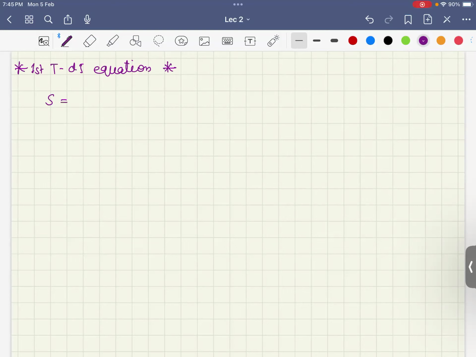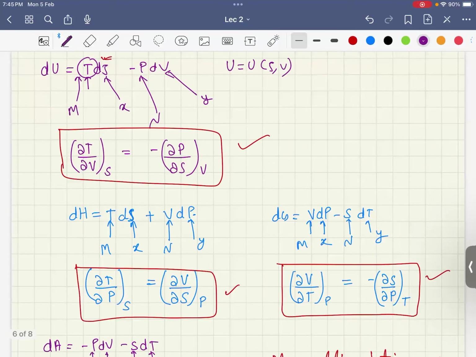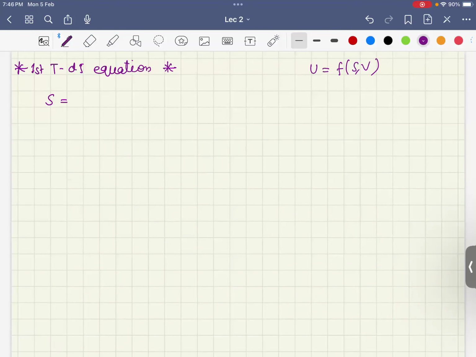Now let us assume entropy. Similar to U as a function of S and V, instead of this, let us take S as a function of T and V. Why? Because I don't know anything about entropy.